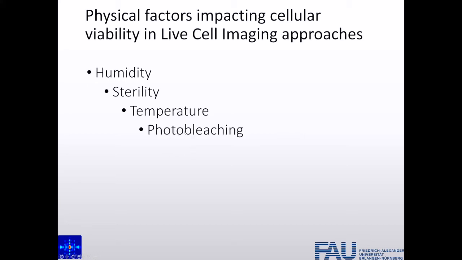Another factor which is really important is photobleaching. Of course, photobleaching is not directly affecting the cellular viability, but photobleaching causes that I have to increase either exposure time or laser intensity, and this in the second step will have an effect on cellular viability.